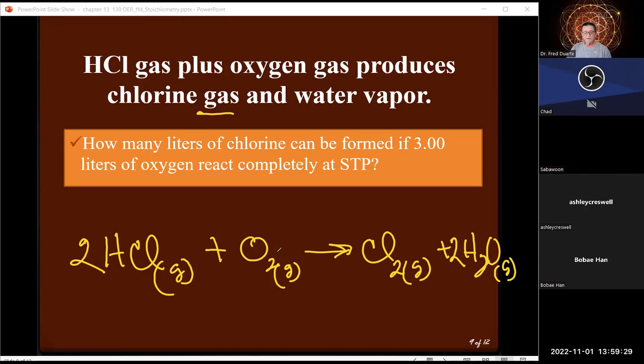That takes care of my oxygens, but that kicked up my hydrogens to 4, and then that kicks up my chlorides. So what if I put a 2 in front of Cl2? Let's check. 4 hydrogens on the left, 4 on the right. 4 Cl's on the left, 4 on the right. 2 oxygens on the left, 2 on the right. Okay, that looks balanced.